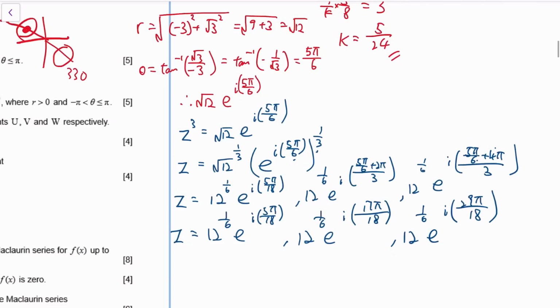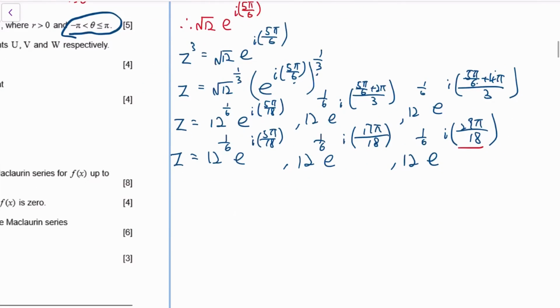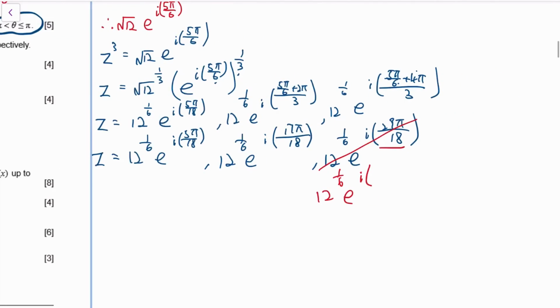Now the problem is the question doesn't like the argument to be too big. So this one is probably too big. So what we can do is take away 2 pi from it. It's the same, right? So we'll replace 29 pi over 18. Take away 2 pi.